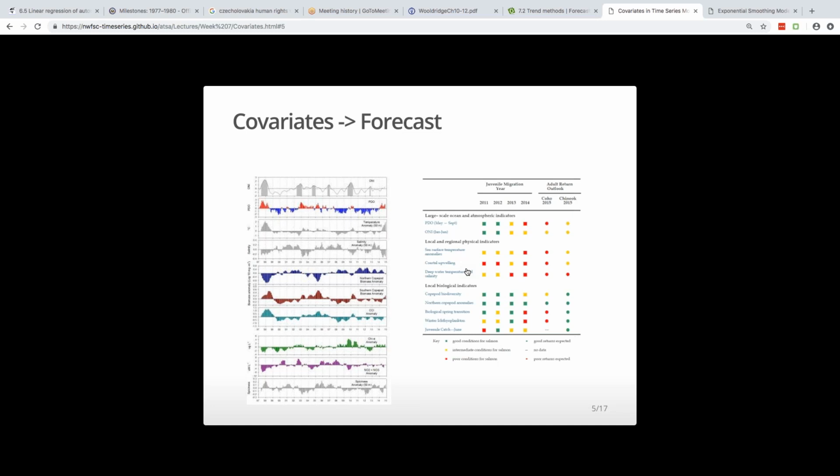So an alternate approach is to include a covariate that you believe or have reason to believe or you can show explains that autocorrelation. That autocorrelation could be temporal. It could also be autocorrelation among the sites that you're looking at or the species. So you're doing a multivariate response. And if you have autocorrelated errors among those different responses, that's a problem too.